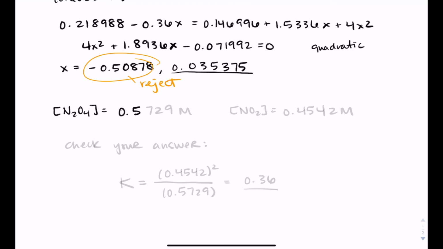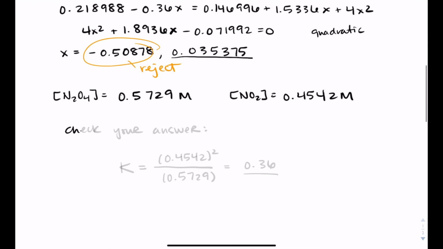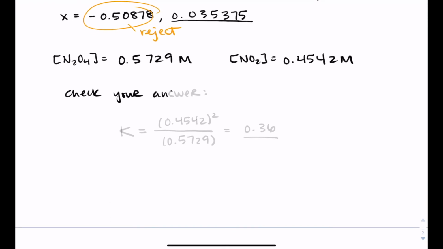So 0.035375 is the correct value of x for our reaction, which means that at this newly established equilibrium, my N2O4 concentration is 0.5729 molar and my NO2 concentration is 0.4542 molar. That's my final answer because I was asked to find the concentrations at the new equilibrium.